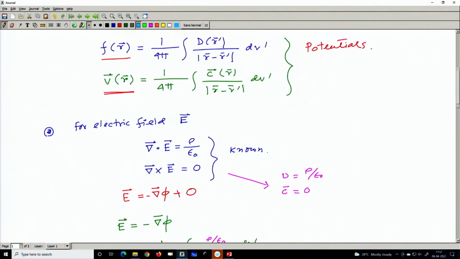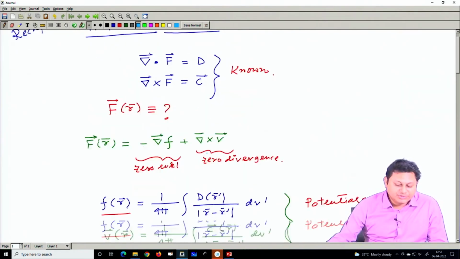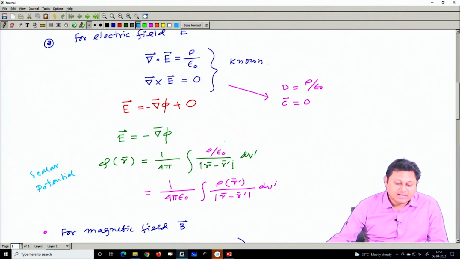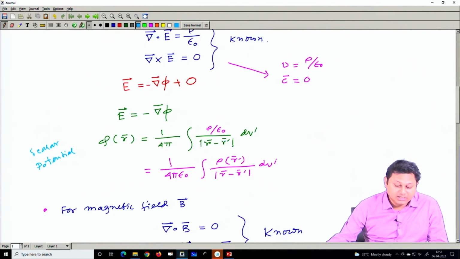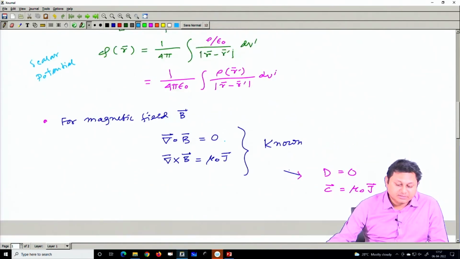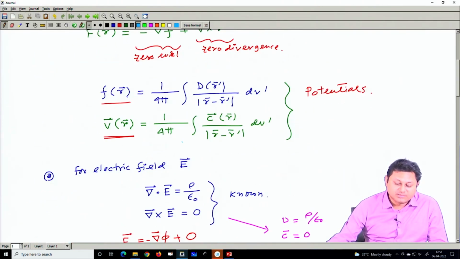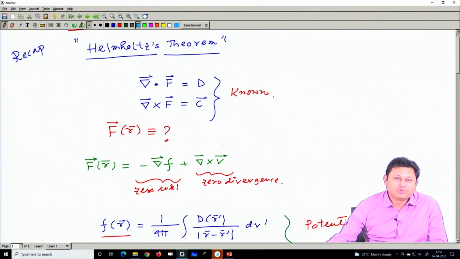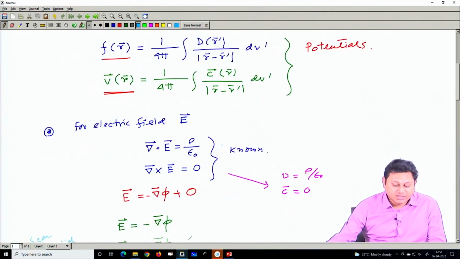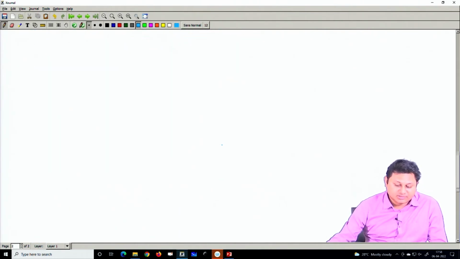Obviously, we are going to discuss it in detail, but in the context of the Helmholtz theorem, which is a generalized theorem, you can see how one can apply it for the electric and magnetic fields, and after the application you can find the scalar potential and vector potential just by using the recipe of the Helmholtz theorem. You should remember that, because in the later part we will discuss it again in a more rigorous way.